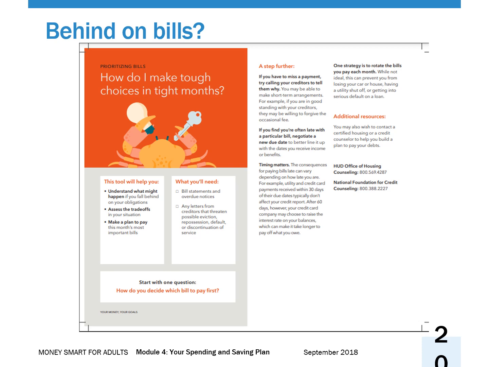It talks about what you do when you call a creditor to tell them why. And sometimes you're able to negotiate a particular bill with a new due date, and timing matters.